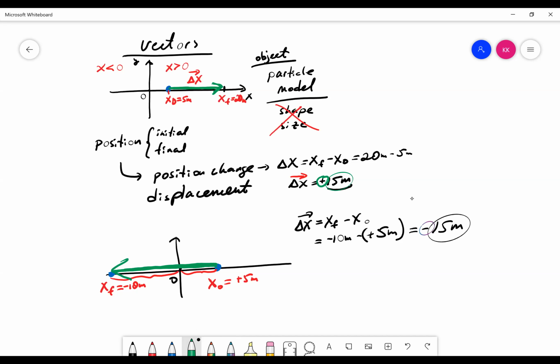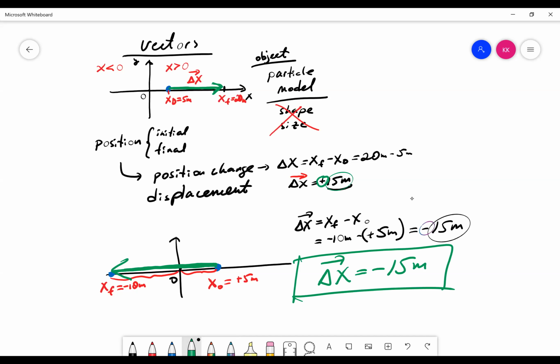Its length is 15 meters, but now it's pointing to the left. That's why displacement tells you in which direction you're moving, negative or positive, to the right or to the left. So by looking at the displacement, you can figure out in which direction an object moved and how far away it is with respect to what it was.